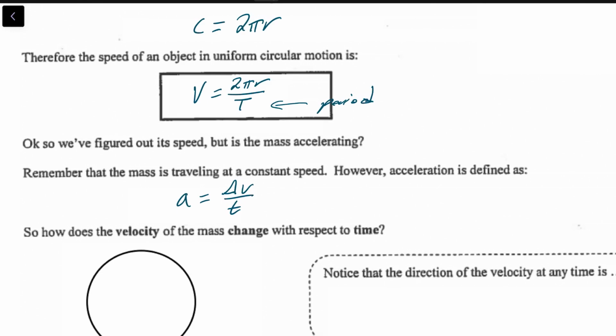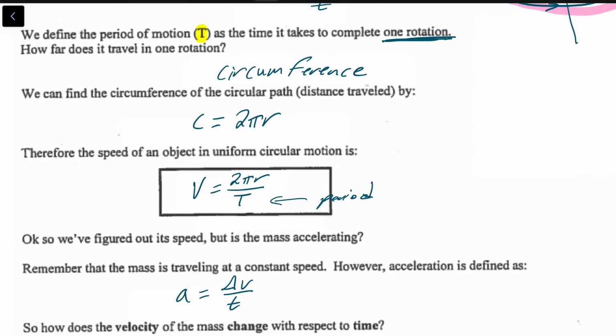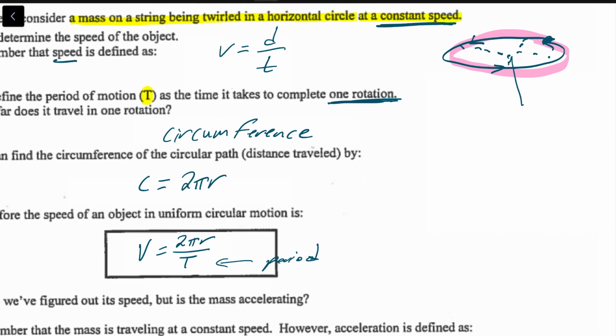We know that the speed can be constant because the original question tells us it's constant speed. But can we say that the object has a constant velocity? The magnitude of its motion is staying the same, but is the direction staying constant?